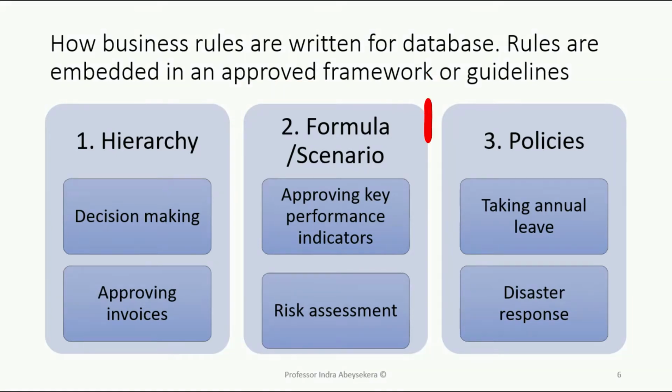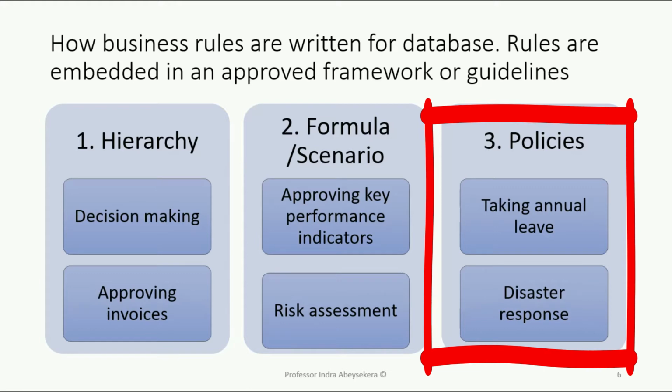The third rule is the policies. There is a set of principles that guides the objectives to be accomplished by the firm. For example, there could be a policy for disaster response. There could be policies for taking annual leave.